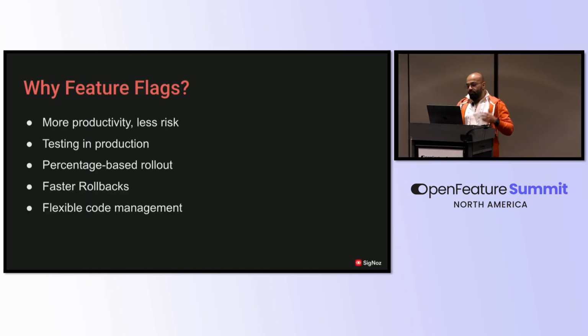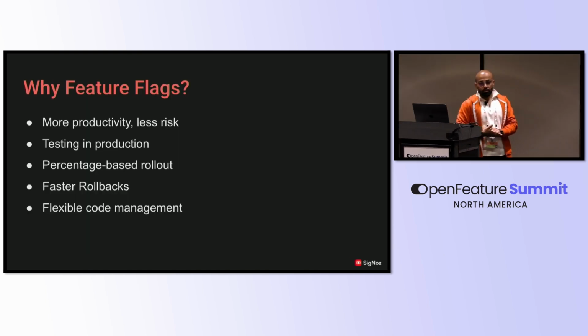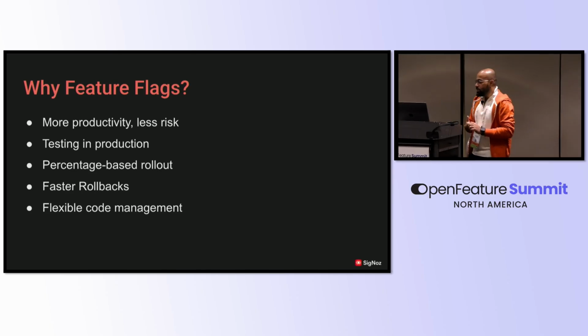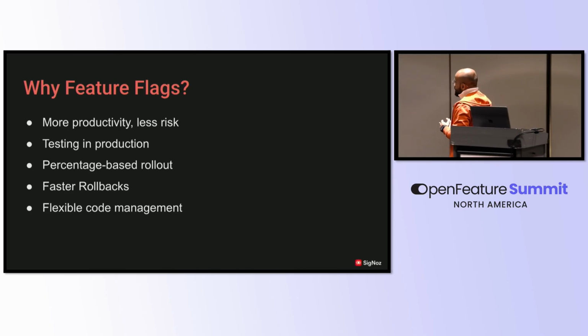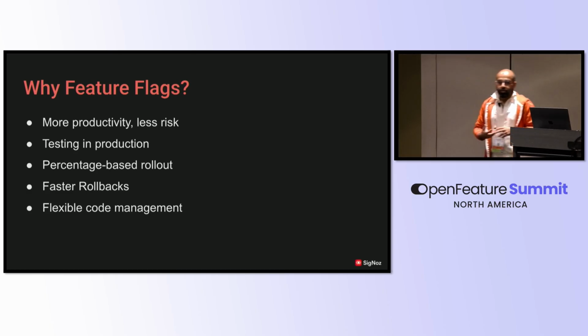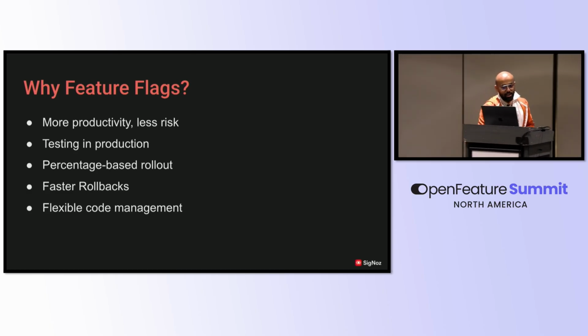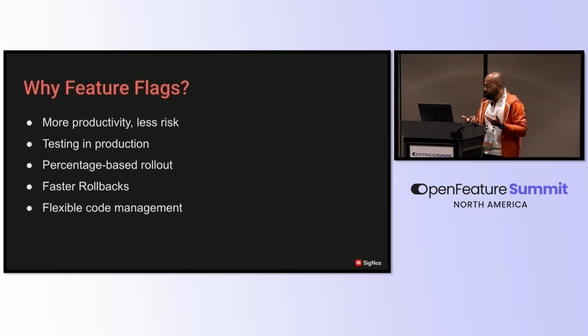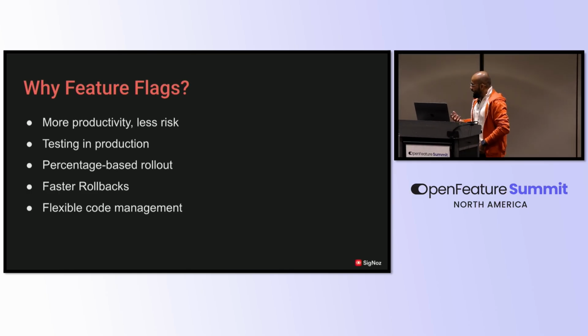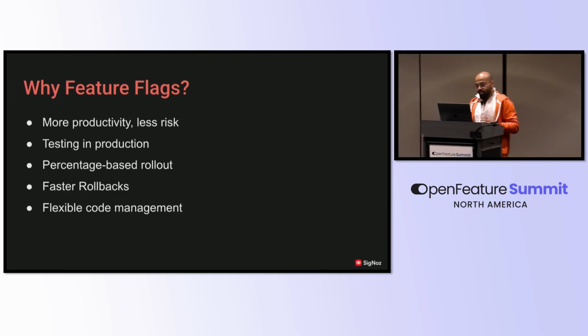Coming to why feature flags are important. Very easily we can say that we get a lot of flexibility as to how we want to roll out new services and new features. It gives us less risk, and we can do what I usually do not like to do, but still can, because I do not have to do a lot of deployments. So we can do testing in production as well.